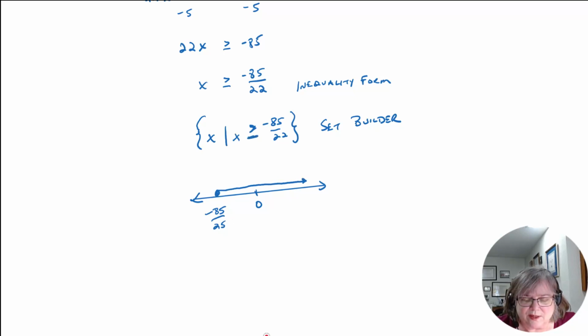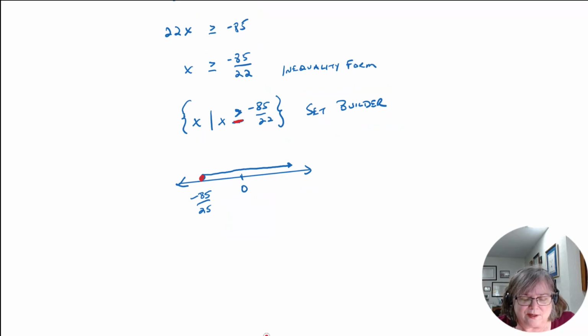This little equals right here says to color it in. I tend to think of it, because I make up stories with my math stuff and it keeps me entertained while I'm doing it, as if I can be equal to it, then I can actually stand on it, and not fall through, like a manhole cover. I can not fall through.